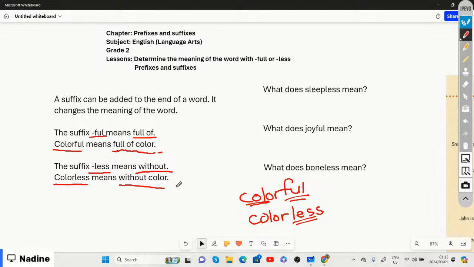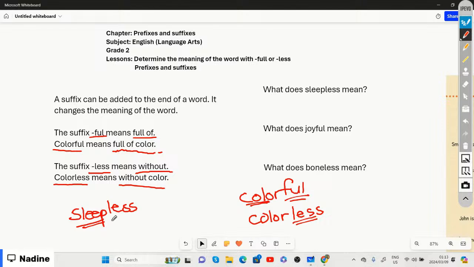For example, if we look at the word sleep, sleep is a word that can stand on its own. But as soon as we add the word less to it, it becomes sleepless. The word sleep means that you are peaceful, getting enough rest.